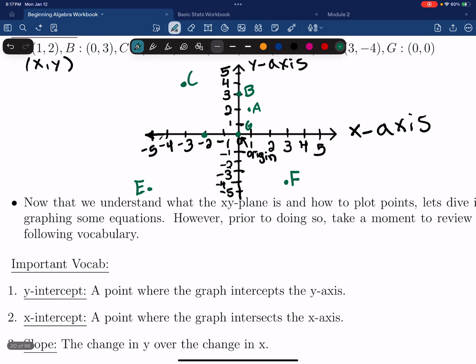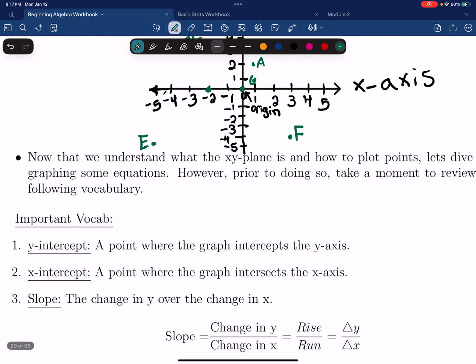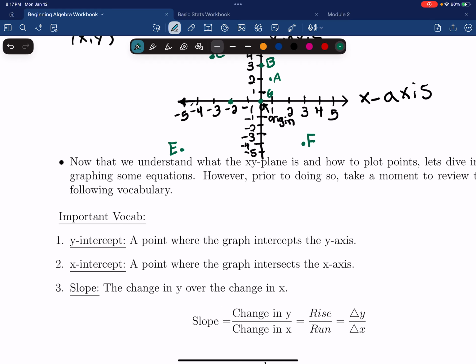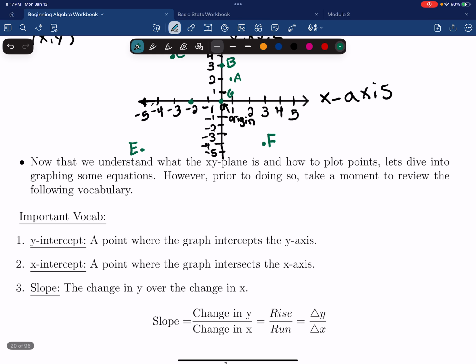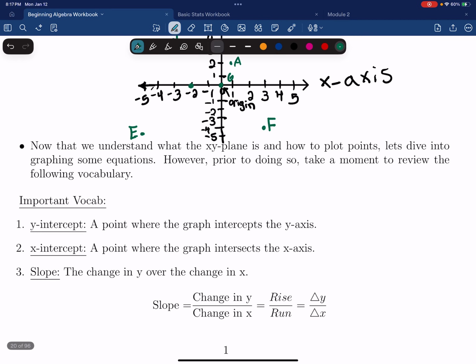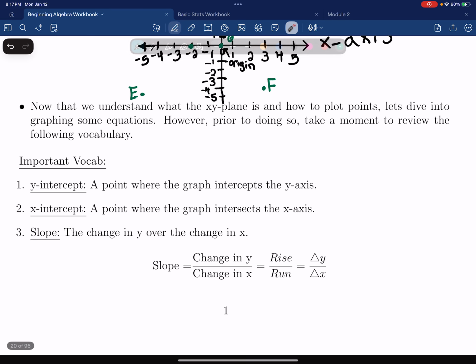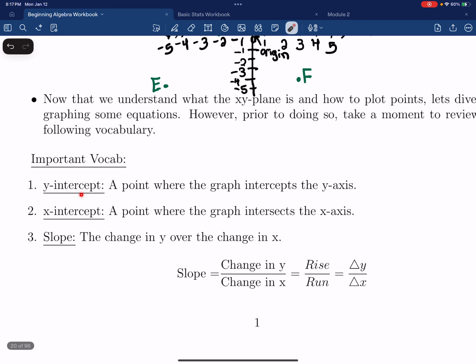Alrighty. So now that we understand what the xy plane is and how to plot points, let's dive into graphing some equations. However, prior to doing so, let's take a moment to review the following vocabulary. So we have something called the y-intercept.